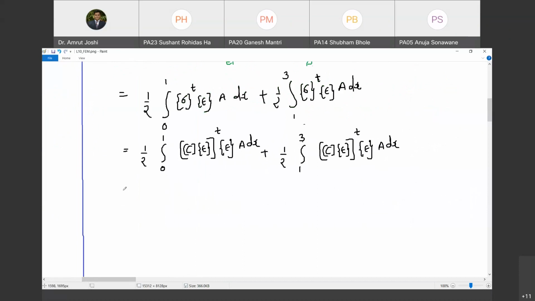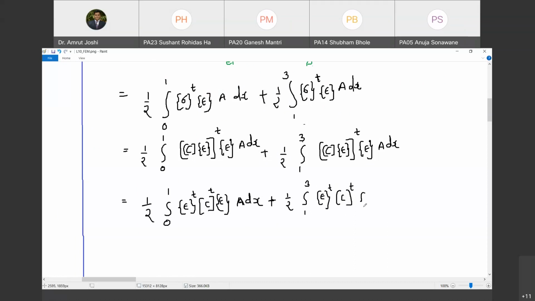Now, once I take this transpose, this becomes half integration 0 to 1 epsilon transpose C transpose epsilon A dx, plus half integration 1 to 3 epsilon transpose C transpose epsilon A dx. We did all this in the last class, so I am not going to explain it much.